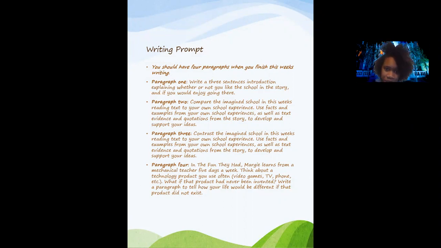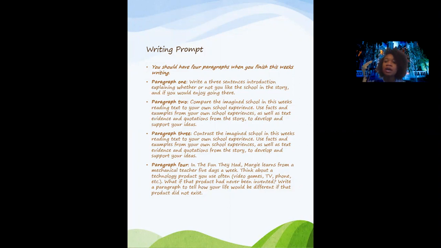Paragraph 2, compare the imagined school in this week's reading text to your own school experience. Use facts and examples from your own school experiences, as well as text evidence and quotations from the story to develop and support your ideas. This is saying you're going to compare. So remember, compare means things that are alike.